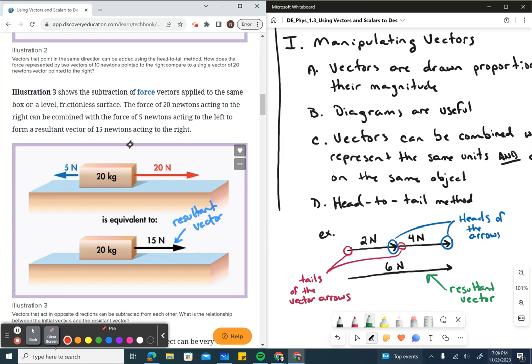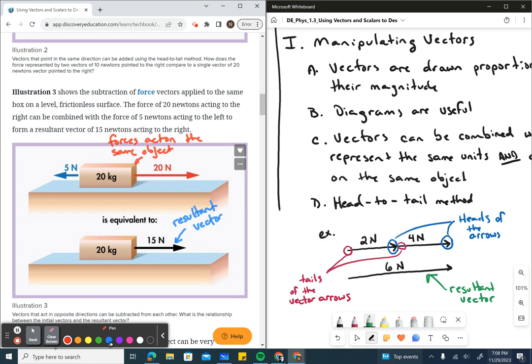Okay, so let's just make some points here. The forces act on the same object, right? They're acting on this object.